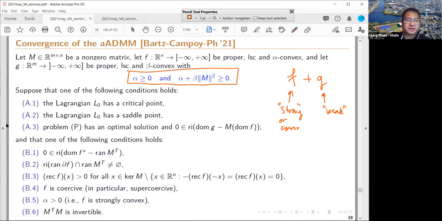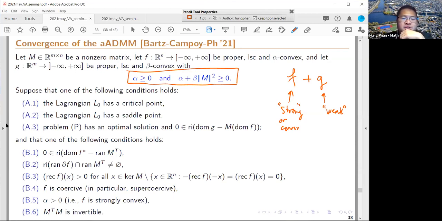The second thing is we have collected several assumptions that have been used for the ADMM in the literature, and we hope we have done a thorough job. We collected them from many works, but there might be a chance that we missed someone's work. We will fix that in the future.